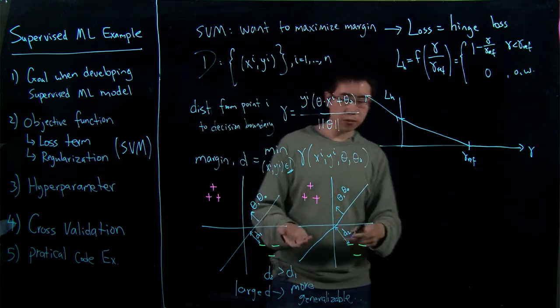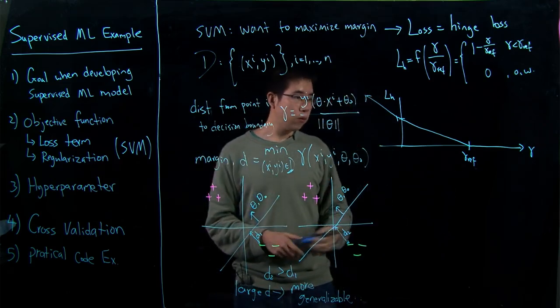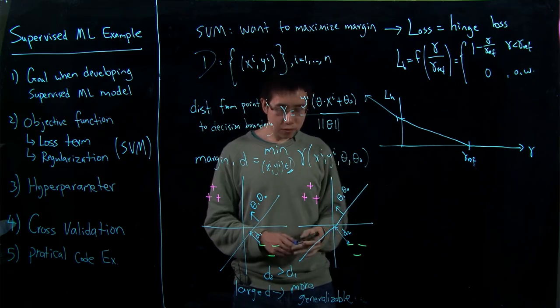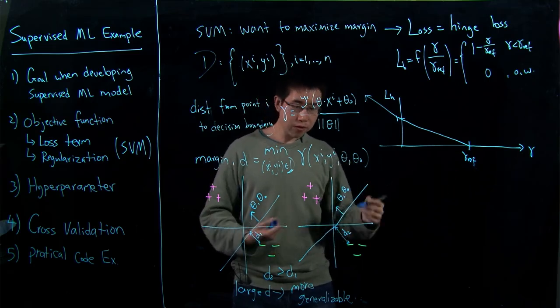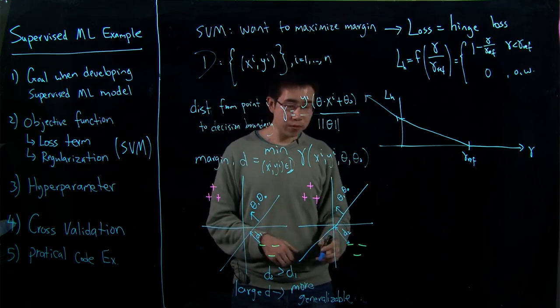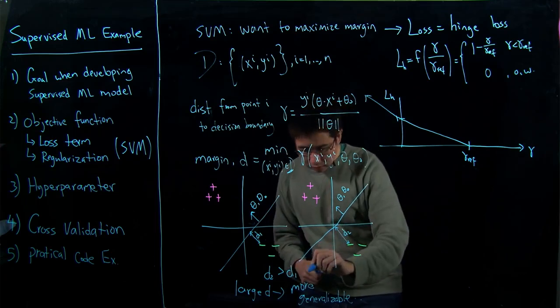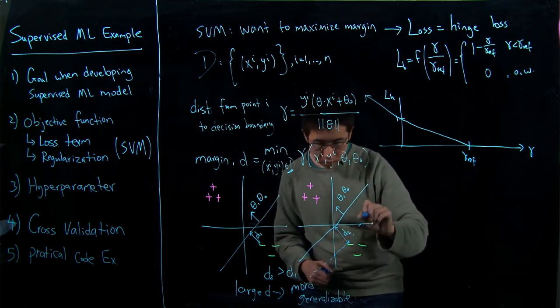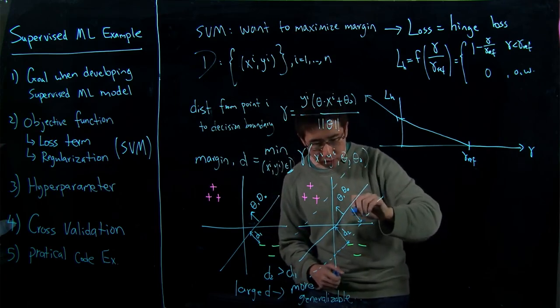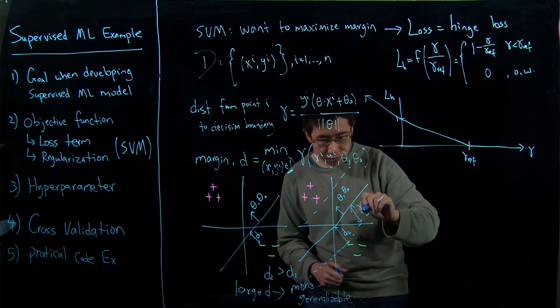Now, in graphical terms, we need to define what gamma ref is. So this is where I will explain what gamma ref is. In essence, gamma ref is basically just the margin of the decision boundary. So in this graph here, if we draw in the support vectors, gamma ref is exactly this distance.